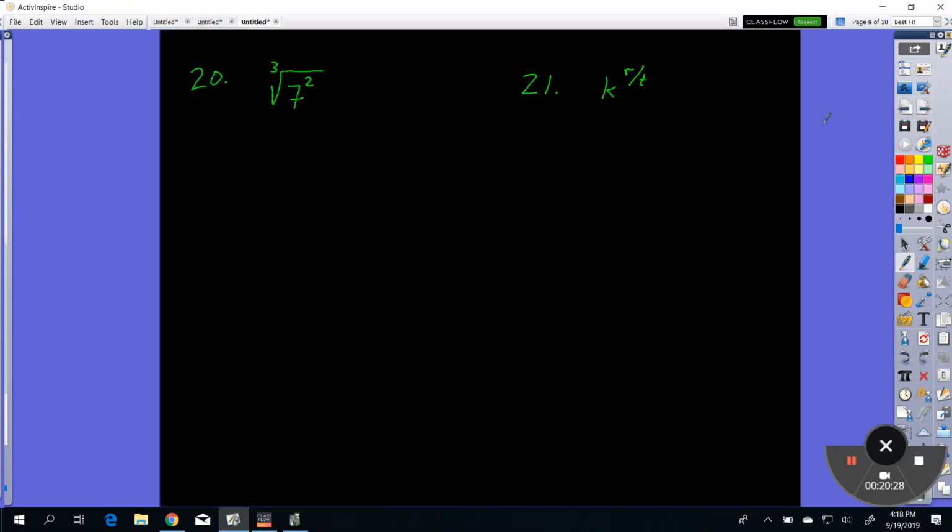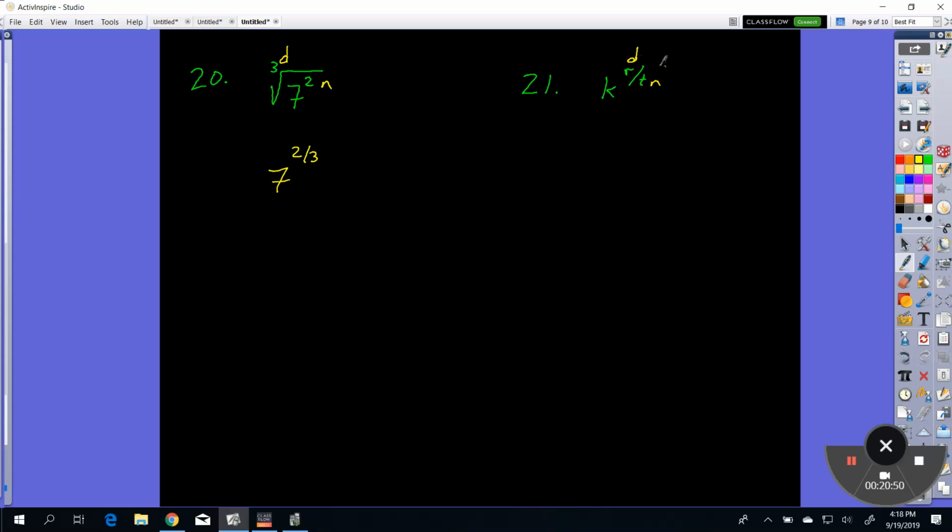Okay, on number 19, you're supposed to rewrite this. So this is my denominator, this is the numerator. So it's 7 to the 2/3 power. 21, again, this is the denominator, this is the numerator.